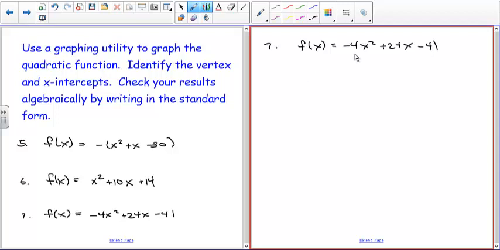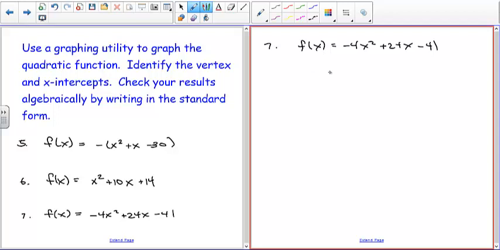I have a negative here, so it's going to be pointing down. If the vertex is below the x-axis, then there are no x-intercepts. If the vertex were above the x-axis, then you would have x-intercepts. So once we find the vertex and know which way it's pointing, we'll know there are no x-intercepts, so we don't have to even try to figure them out.